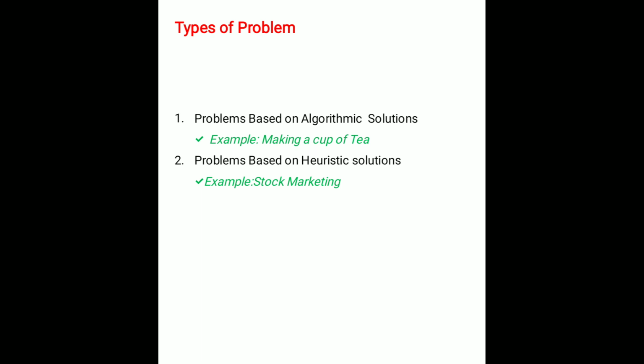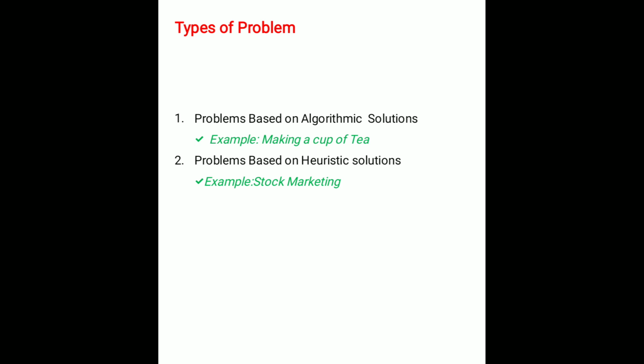First of all you pour the water, then tea powder, then you boil it, then you may pour in sugar, 2 or 3 spoons based upon your requirement, and finally you add the milk. You stir it, and definitely you'll have the cup of tea. This is a simple way to make a cup of tea. If anybody follows these steps, definitely he can have his cup of tea.